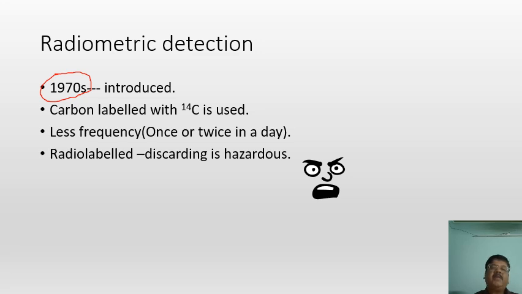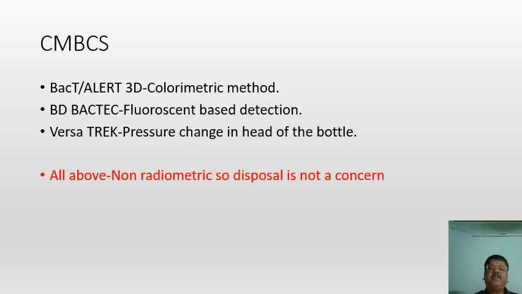But there was a low frequency of detection, once or twice in a day. But with the continuous monitoring blood culture system, there is a detection every 10 to 15 minutes. Again, because of the radioactivity, disposal was hazardous. So therefore, it has gone now. Radiometric detection methods have become history.